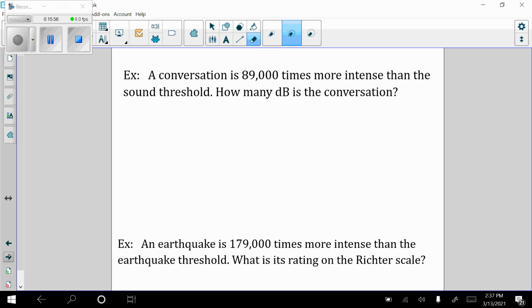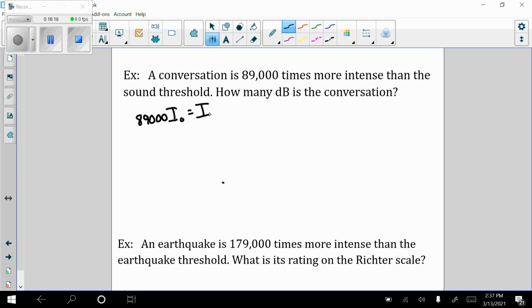So if I think about my intensity, 89,000 times more, that would be 89,000 times my threshold is equal to the conversation.